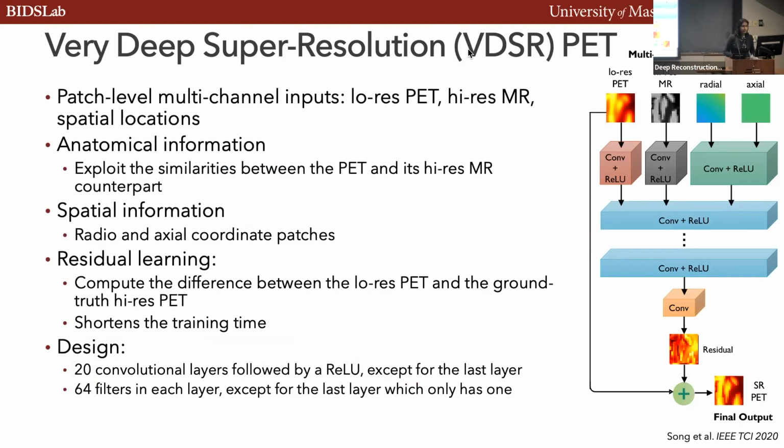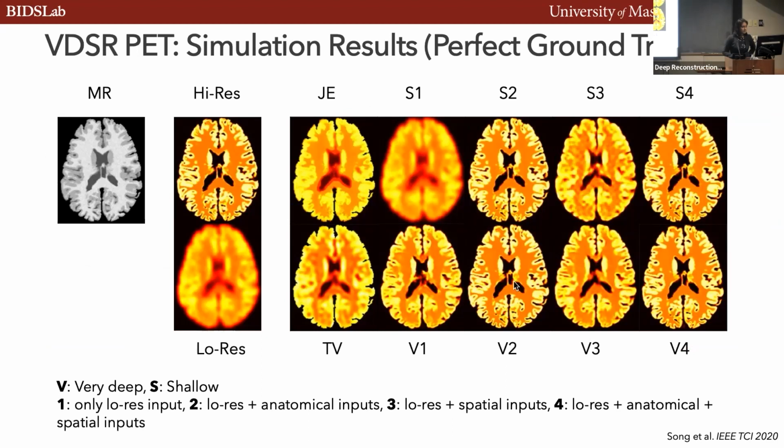All right, so this was some early work we did on SR PET. So again, this is supervised learning, and we tried to incorporate high resolution anatomical information to guide the process. We use residual learning. And these are some simulation results, which were based on the BrainWeb phantom. And this was trained on a perfect ground truth.